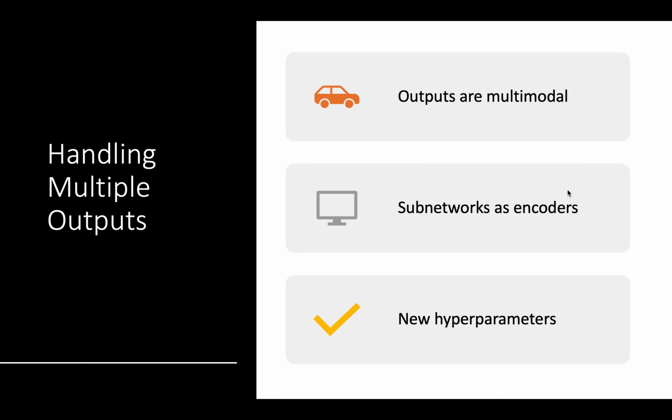In some problems, on the other hand, you would like to predict multiple outputs for one input. An example of this is what you have already seen in the previous lecture, and that is multi-label classification. Some problems with multiple outputs can be effectively converted into a multi-label classification problem. However, in some cases, outputs are multimodal and their combination cannot be effectively enumerated.